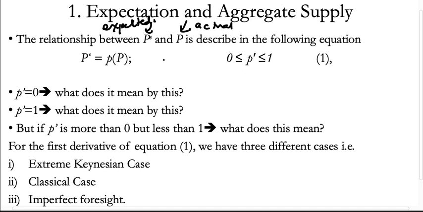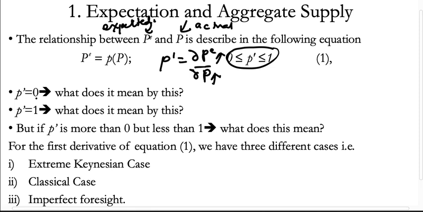That means if you have P prime, small letter p prime, it is equivalent to delta PE over delta P. If there is a change in actual price, let's say an increase in actual price by 1 unit, what happens to expected price? Expected price will increase or not, depending on the value here. So small letter p prime refers to how much expected price changes when actual price changes.